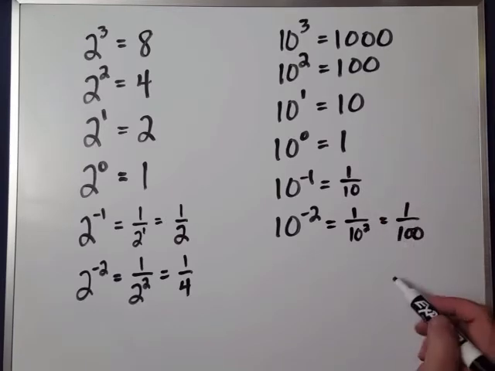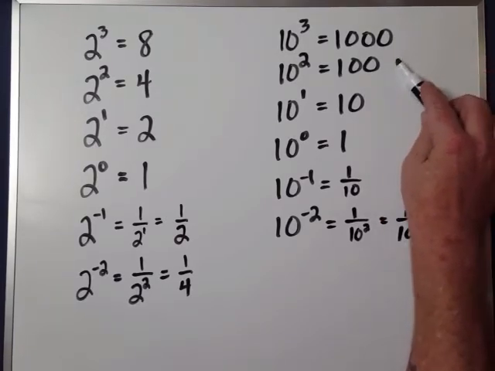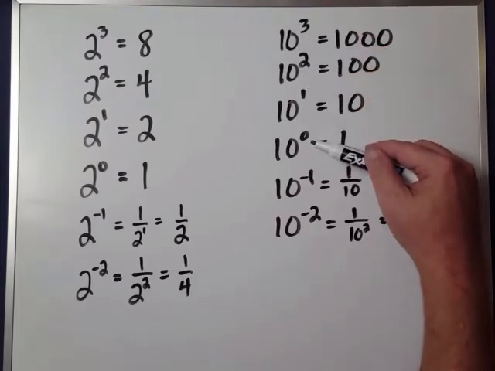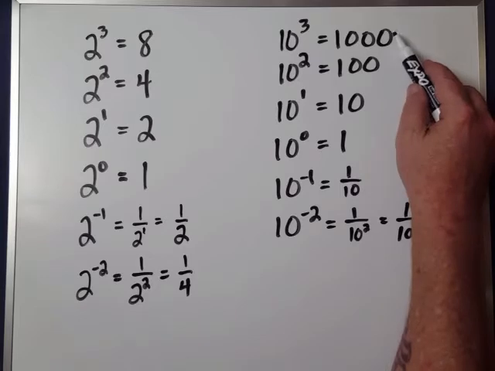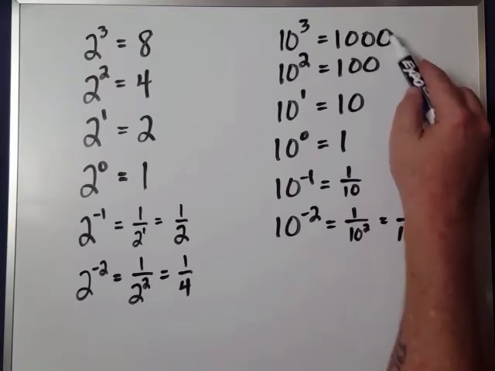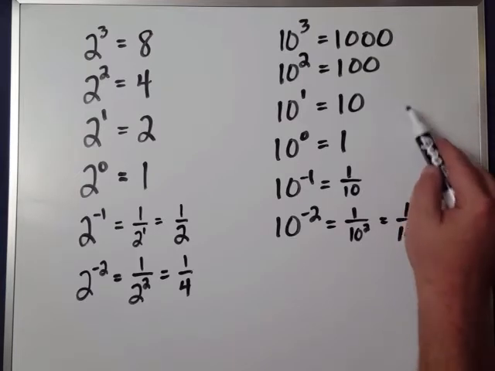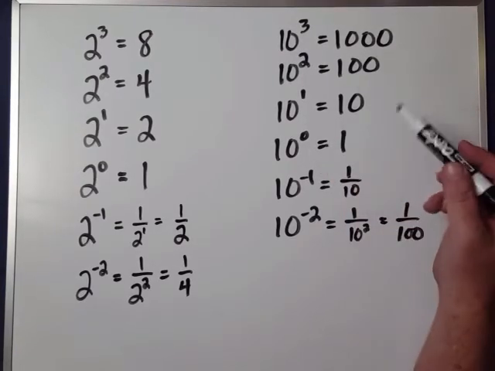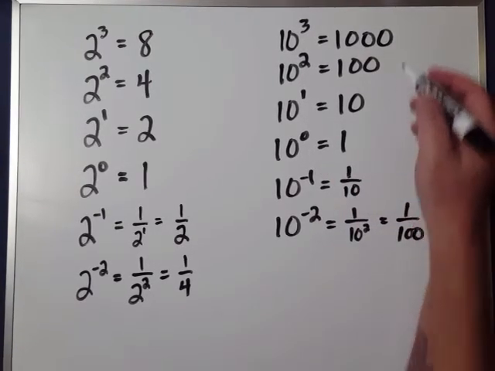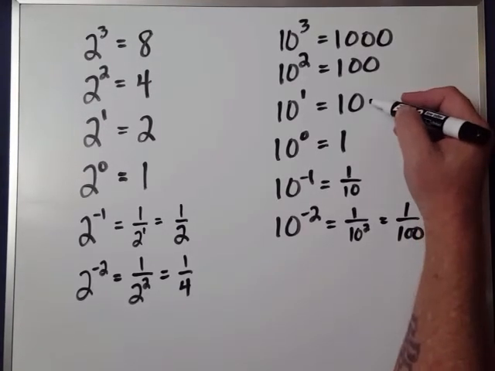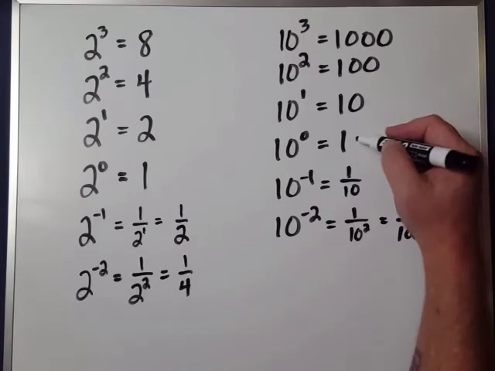Now look at the pattern. Every time I drop down, what am I doing? I am losing a factor of 10. So every time I drop down, I'm cutting this by a factor of 10. What am I doing? I'm dividing by 10. If I'm losing a factor of 10, I'm dividing by 10. 1,000 divided by 10 drops me to 100. Divided by 10 drops me to 10. 10 divided by 10 drops me to 1.